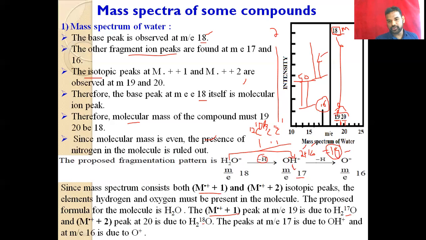After that, we can remove another hydrogen, and it becomes the oxygen with positive charge, and the fragment ion peak is 16. So 16 and 17 we can expect in the mass spectrum. So here we can easily say the given compound is water.